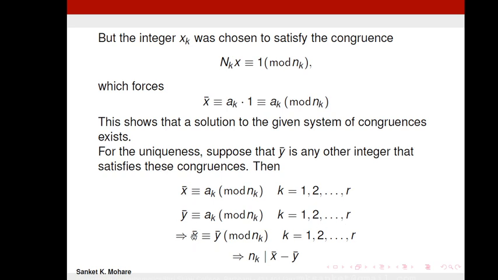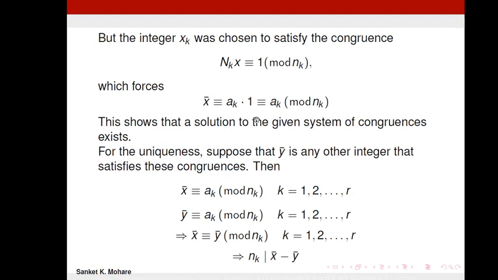So this implies x bar is congruent to y bar modulo n_k for k equals 1 up to r. Why are these congruent? As x bar is congruent to a_k, and y bar is congruent to a_k, that's why x bar is congruent to y bar modulo n_k. And by definition of congruence, n_k should divide the difference x bar minus y bar.